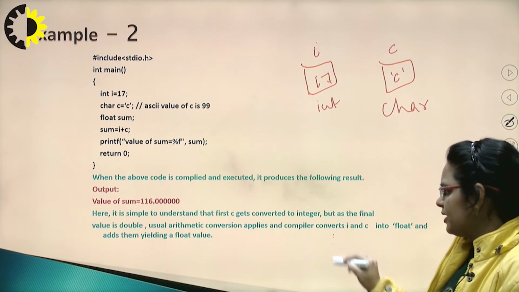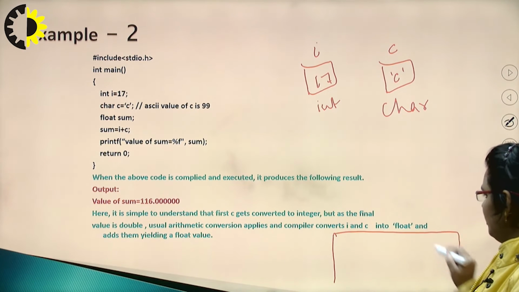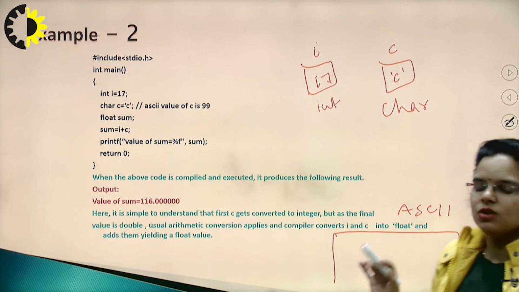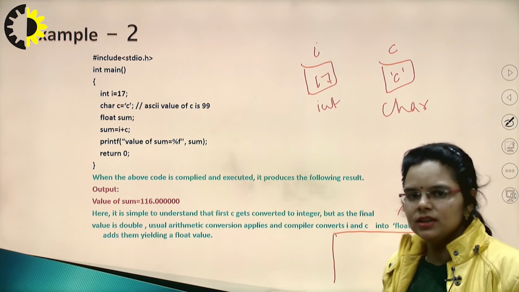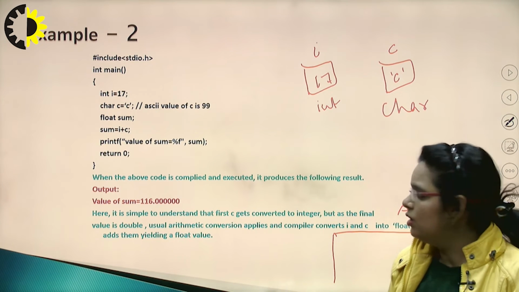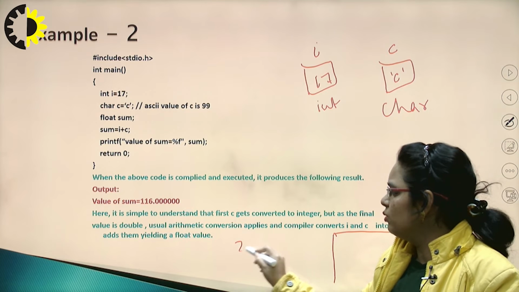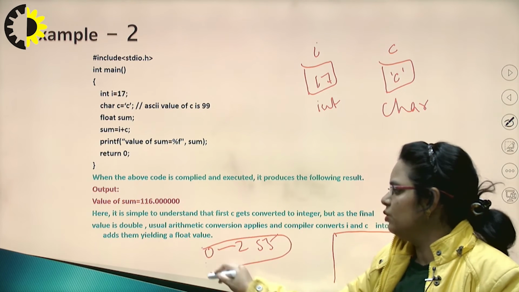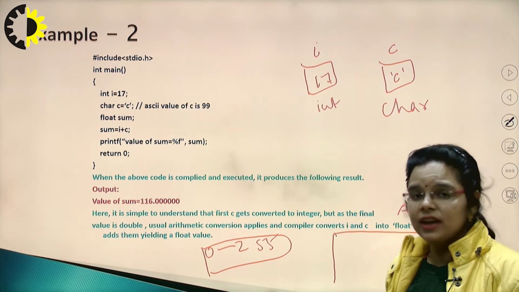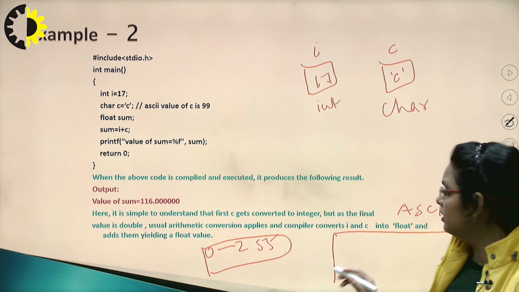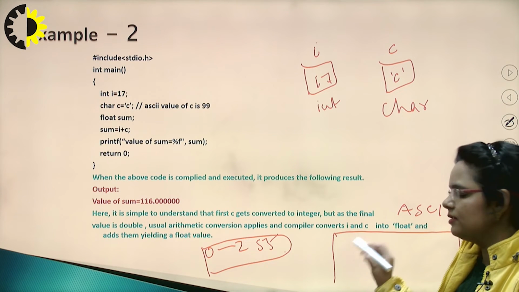If we check our ASCII table, do you know what the ASCII table is? The ASCII table is actually all the characters of the keyboard, whatever key we are pressing, and all the characters have some decimal values. In total we have 0 to 255 characters, so the entire character set has 256 characters, and each has some decimal value.